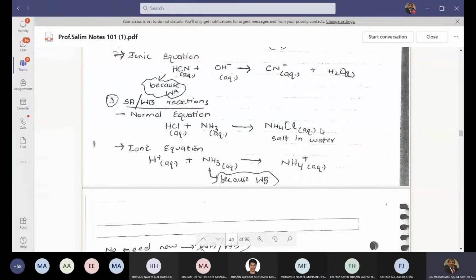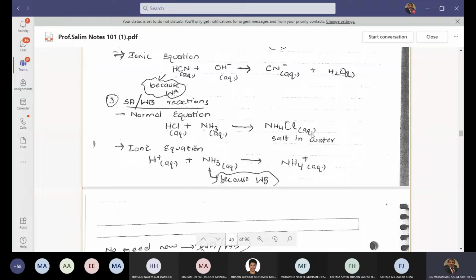You may be thinking, how come I did not write water? If you want, I can write NH4Cl plus water. I just wanted to show you something a little different.